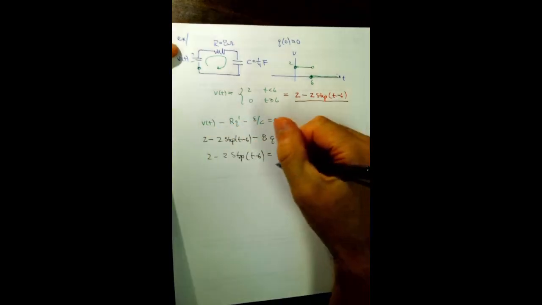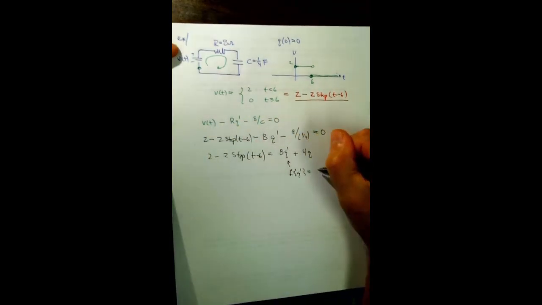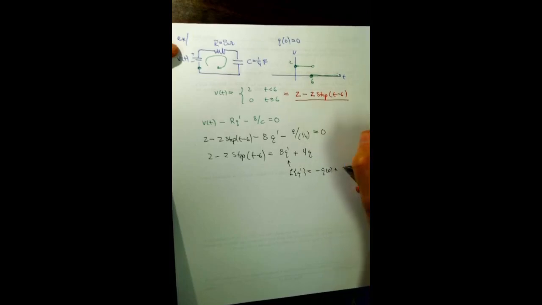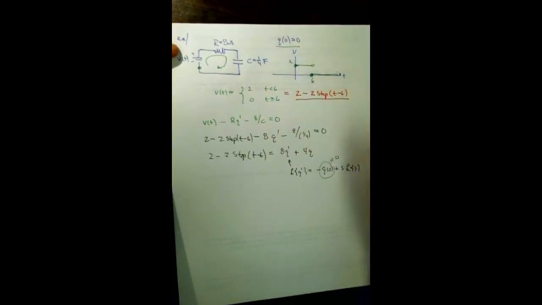And now I know that the Laplace transform of q prime is going to be minus q of 0 plus s times the Laplace transform of q. But q of 0 is 0, so I'm just going to be left with s times the Laplace transform of q.